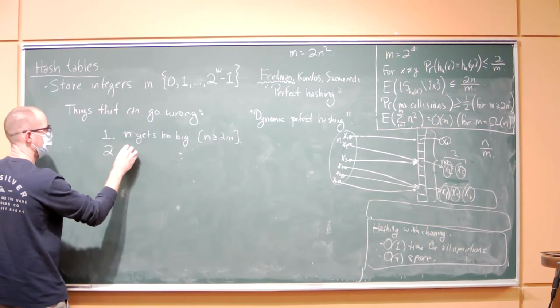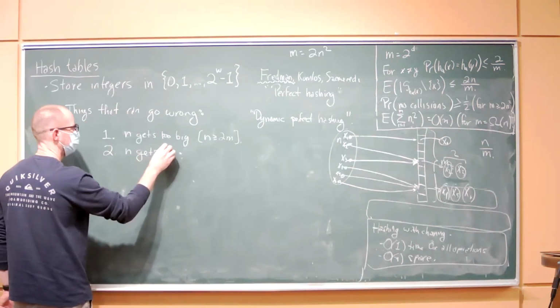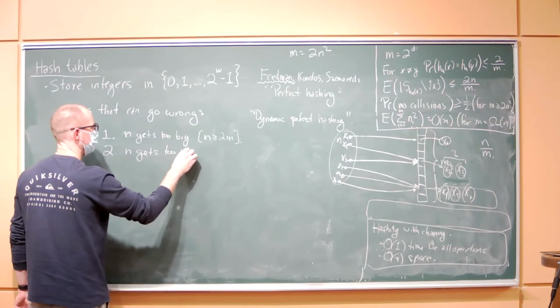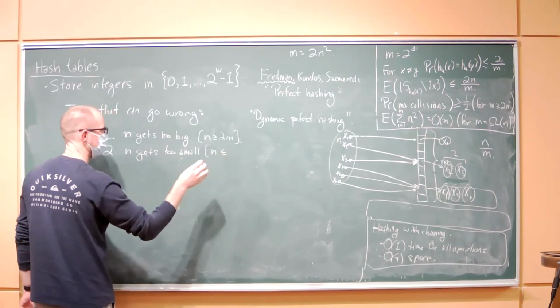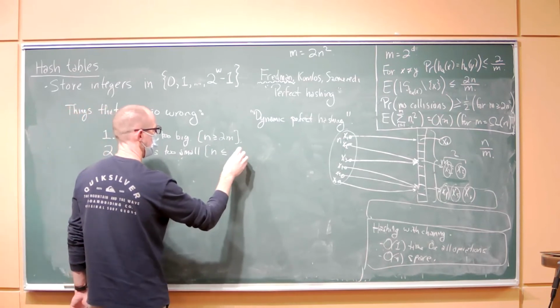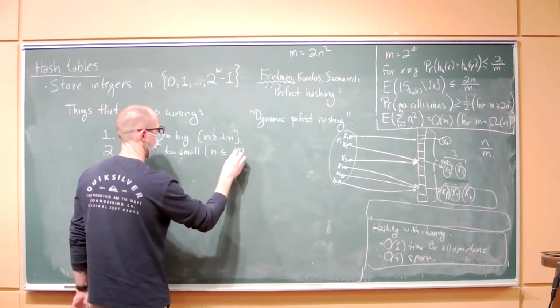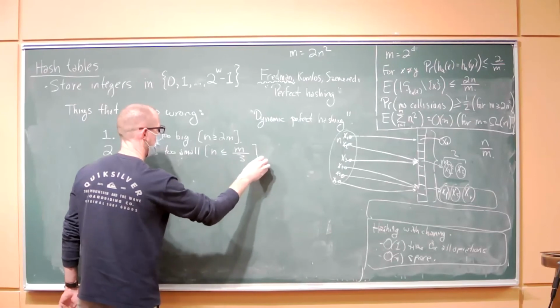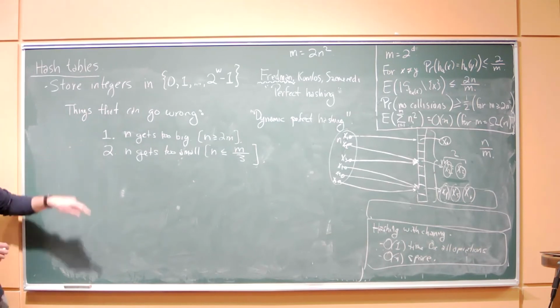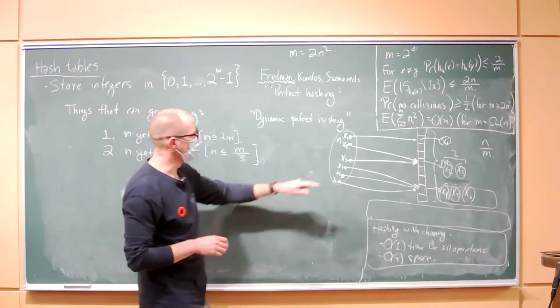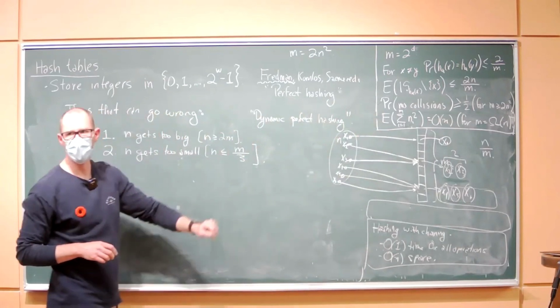Something else that can go wrong is N gets too small. Maybe N is less than or equal to M over 3. Those are things that can go wrong because all this analysis assumes N and M are close together.